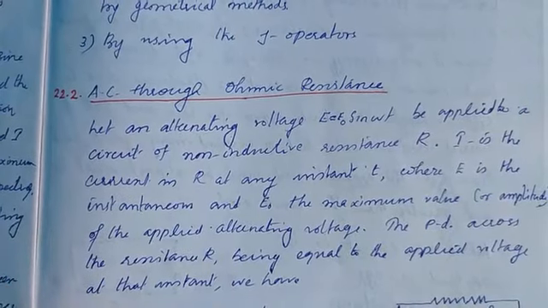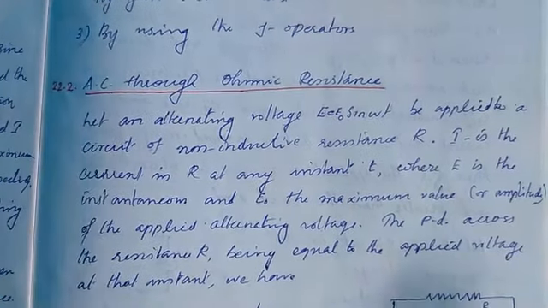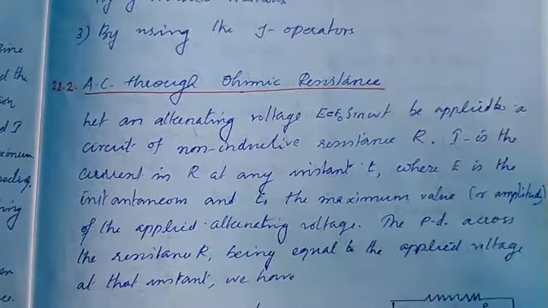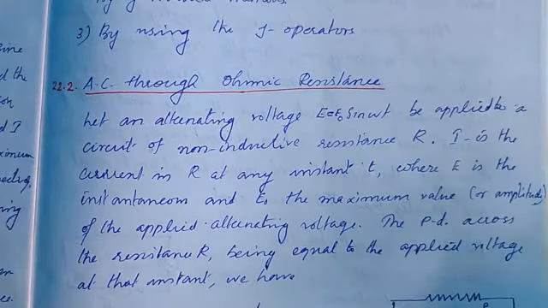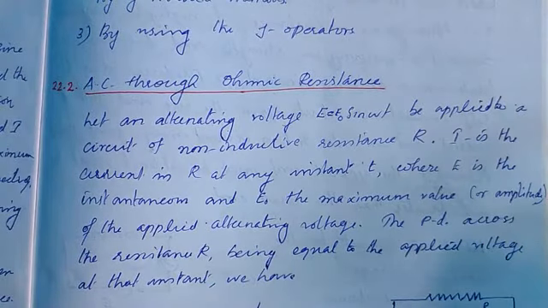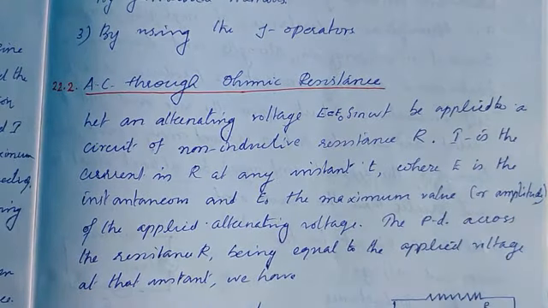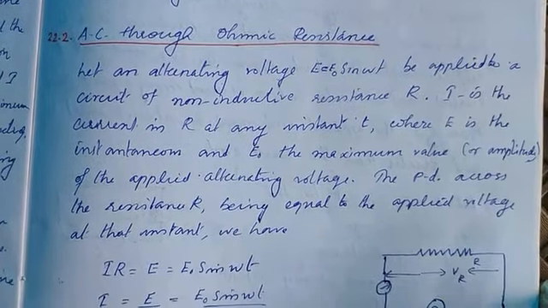Now we will consider circuits containing different components: resistance, capacitance, inductance, and combinations of these components. First we will discuss AC through an ohmic resistance.